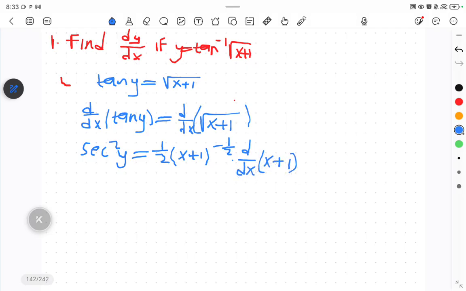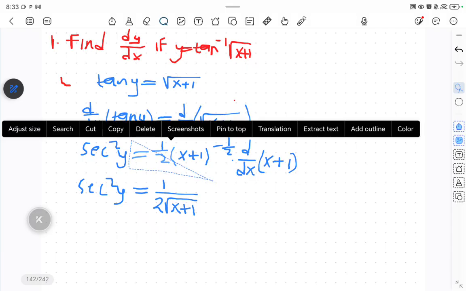And this will be sec squared y is equal to 1 over 2 root of x plus 1. Then the derivative of the inside is 1. Here I forgot to multiply by dy over dx, right? But it's fine.